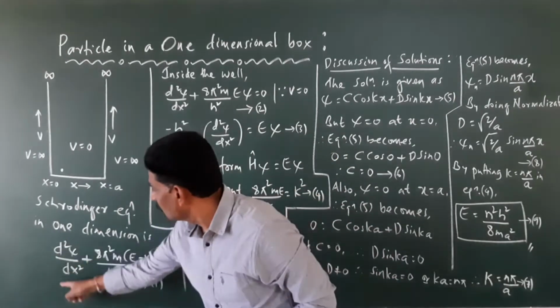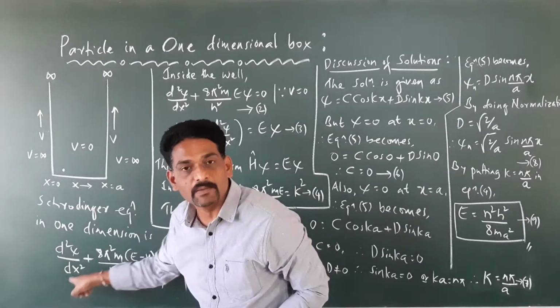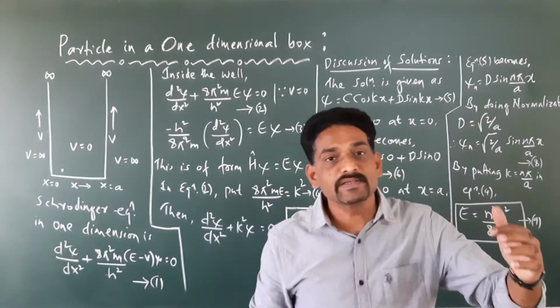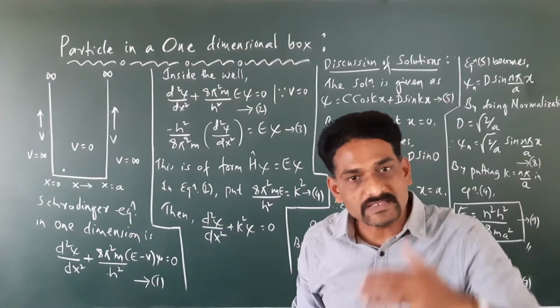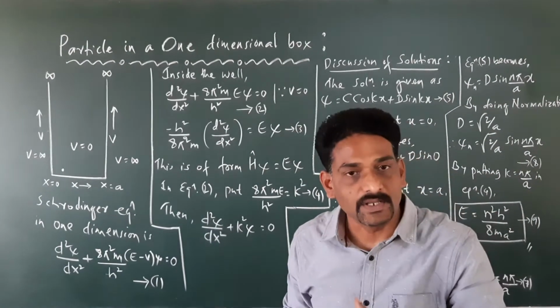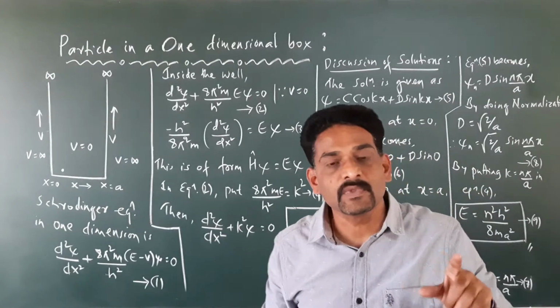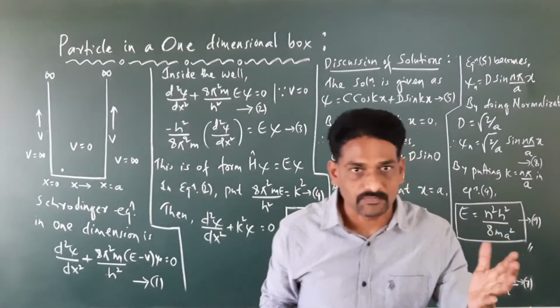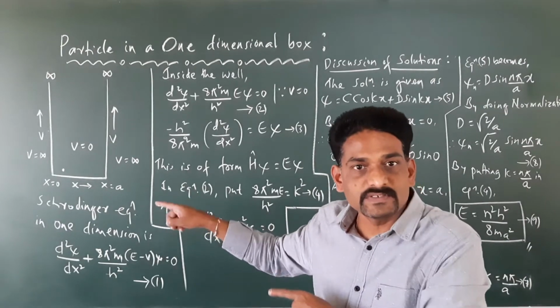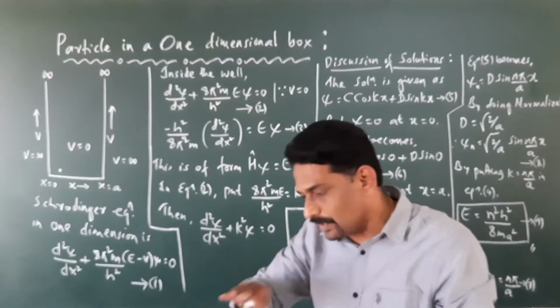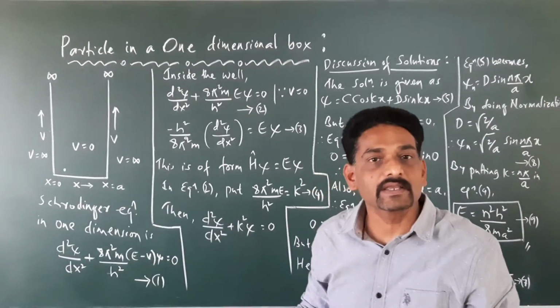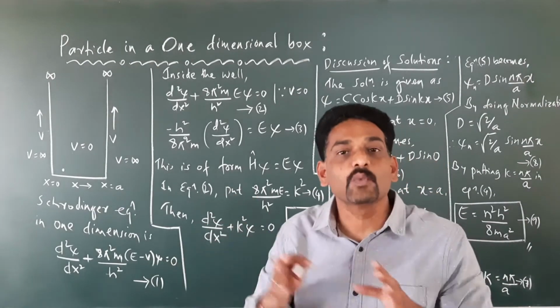Here you can observe I have taken only d square psi by dx square. I have not taken d square psi by dx square plus d square psi by dy square plus d square psi by dz square. If we take all three of them, we are considering the particle in 3 dimensions. But here the particle is allowed to move only in one direction. Therefore we are taking the Schrodinger equation only in one dimension.